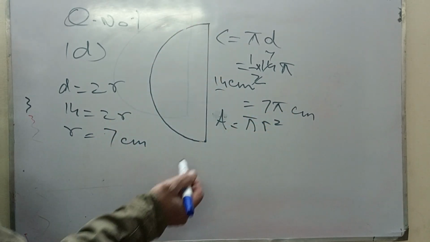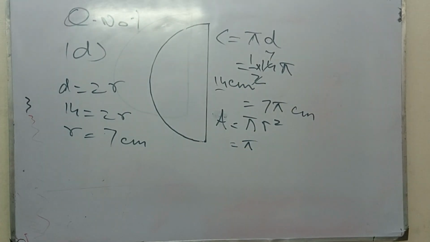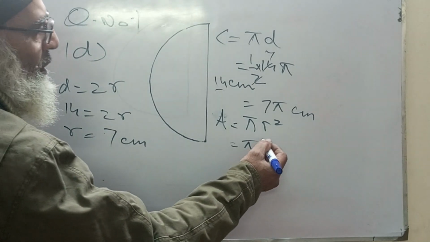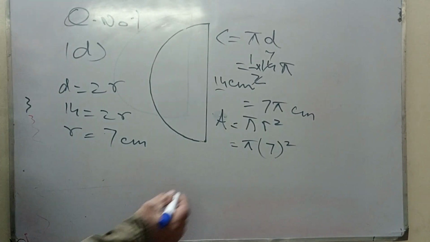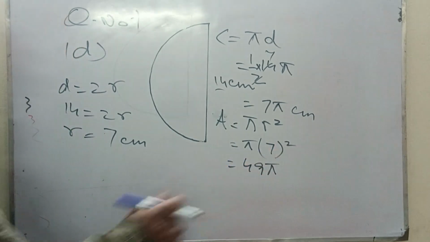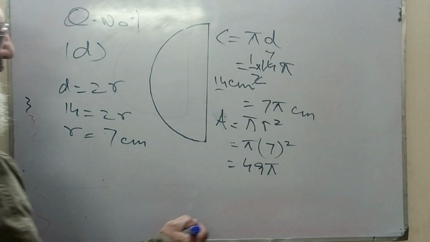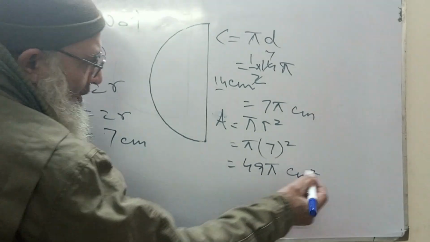Similarly, the area is pi r square. We have to find in terms of pi, so we are not going to put the value of pi 3.14. It will become 7 square, which is 49 pi centimeter square.